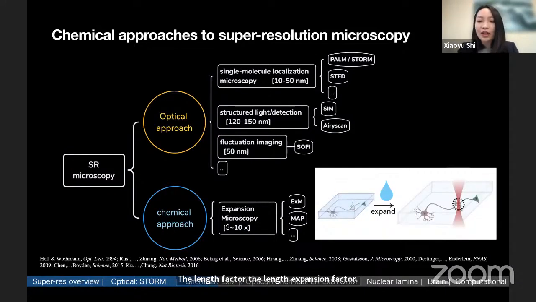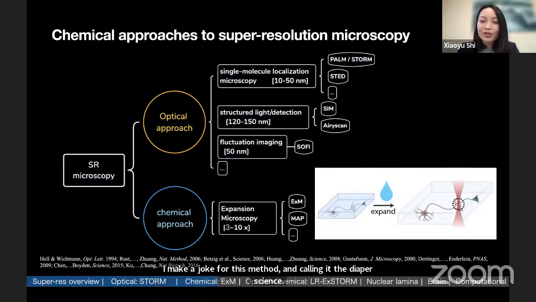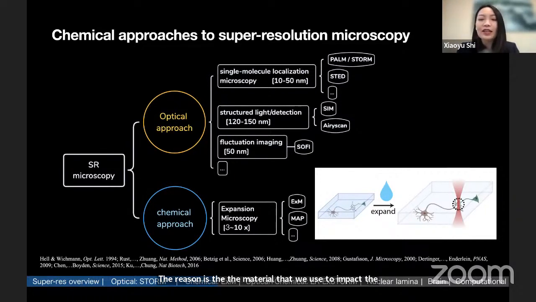So first, this method embeds the cells or tissues into a swellable hydrogel. Sometimes I make a joke about this method and call it the diaper science. The reason is that the material we use to embed the cells and the tissue is very similar to the formula used in diapers.